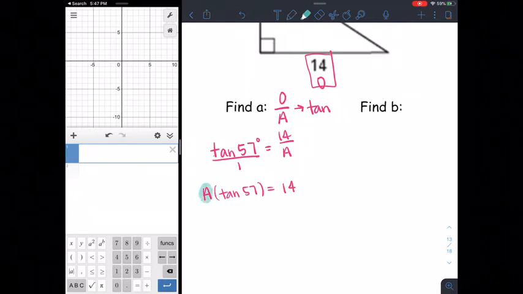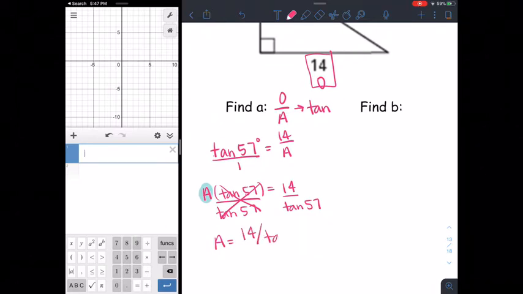And if I want to get this A by itself, then I'm going to divide both sides by that tangent 57. So A is going to be equal to 14 divided by tangent 57. And this is what we call our calculator ready format.